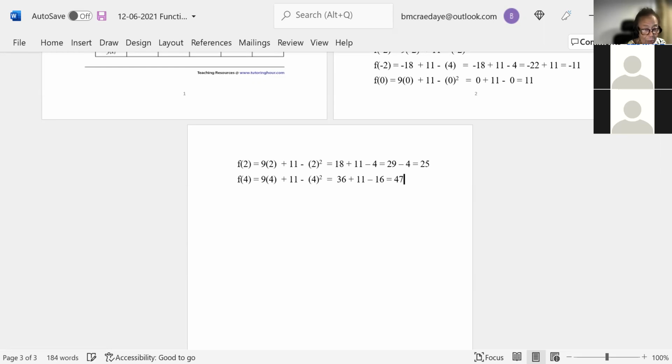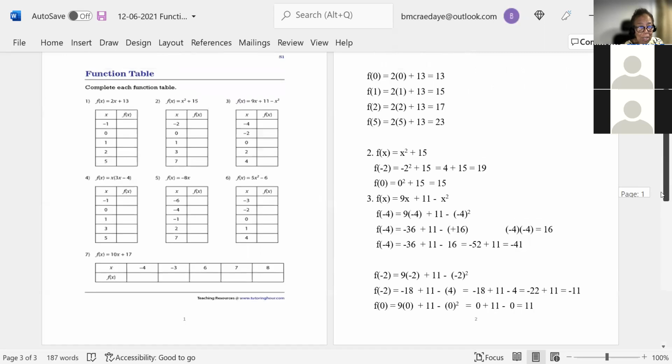That's right. 47 minus 16. And what's that equal to? 47 minus 16. Yes, 31. That's it. So you finish that table, number 3, by putting in 31 when the input is 4.